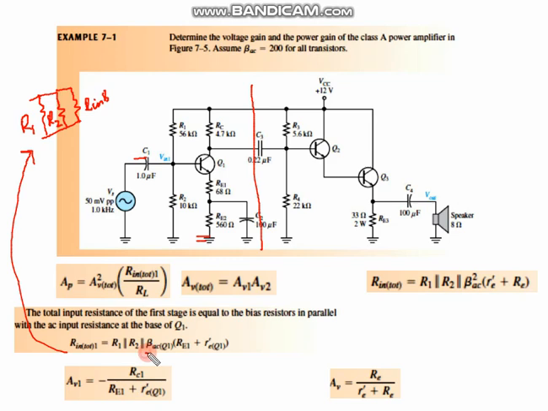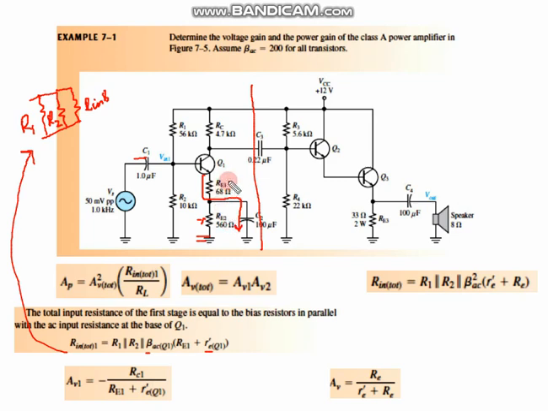beta AC times RE prime, but because of the bypass capacitor, the AC signal would find a way from RE, and then go through the capacitor C2, so this will get bypassed.